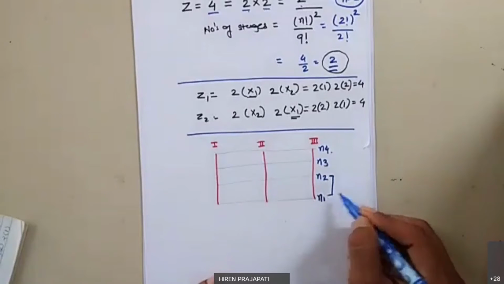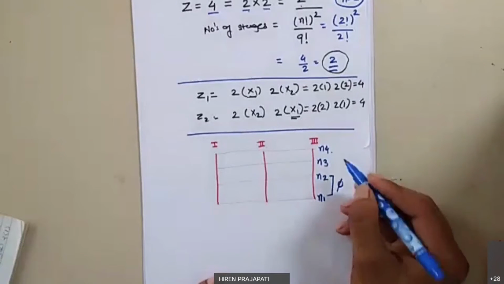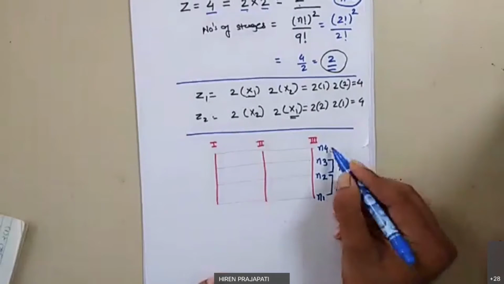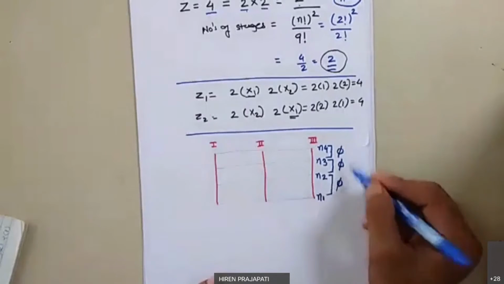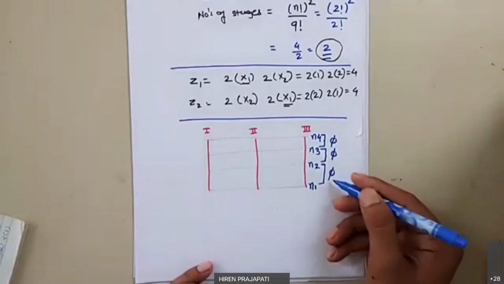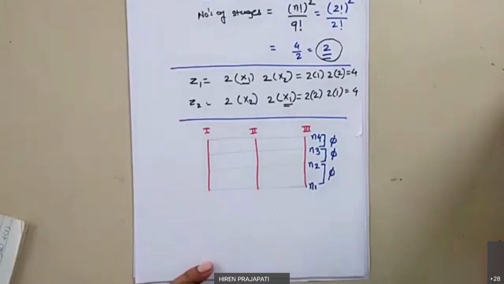Then how much is the geometric progression between these two? 5. Similarly between these two, again 5, and between the last two, 5. So this is the concept of GP, geometric progression series. Successive speeds have a progression of 5:1, right?